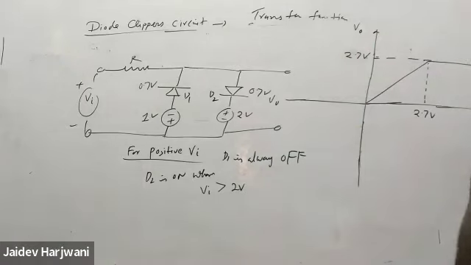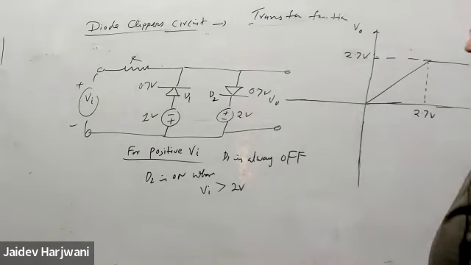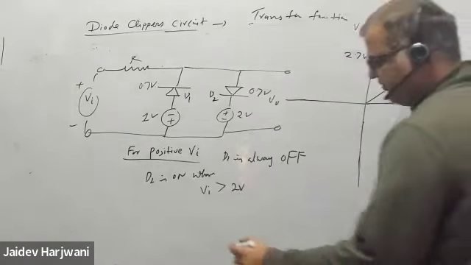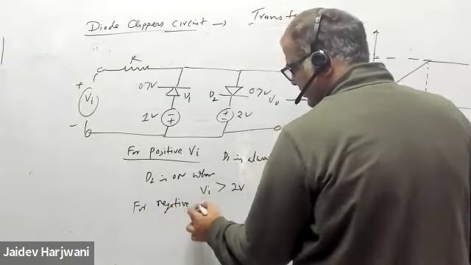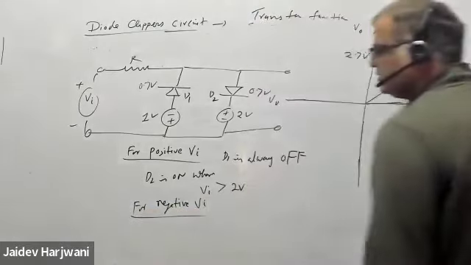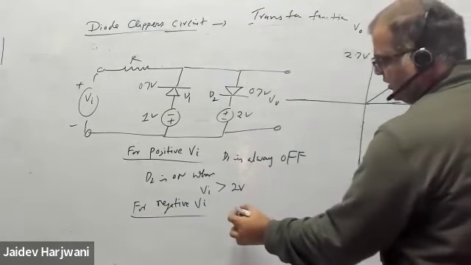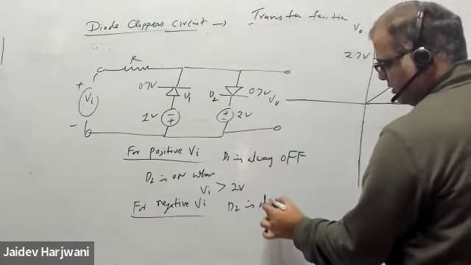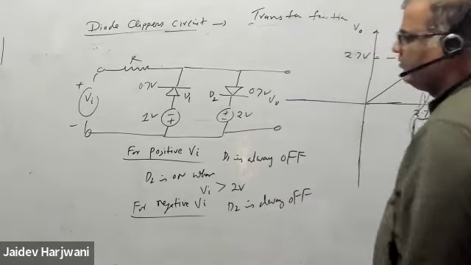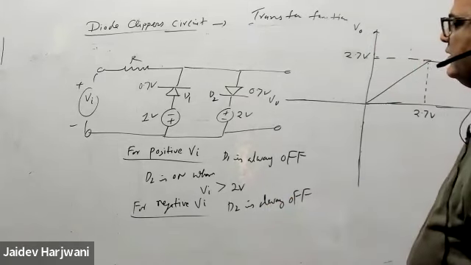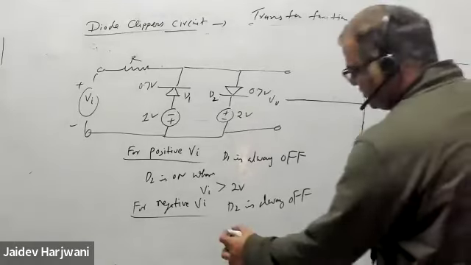Tell me what about negative? What will happen for negative? For negative V input, D2 is always off, and D1 can be on only when you apply a voltage greater than 1.7 volt.